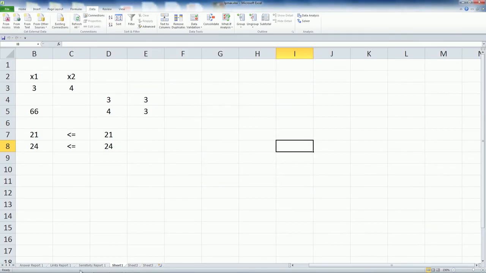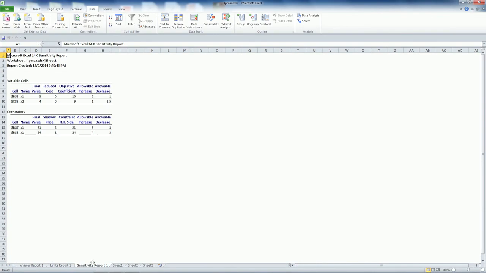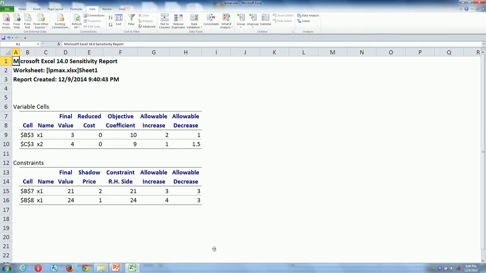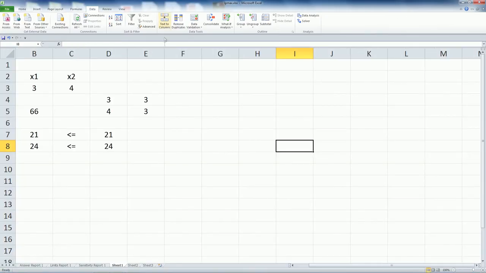The primal has a solution x1 equal to 3, x2 equal to 4 with objective equal to 66, and the shadow prices are 2 and 1. So, 2 into 21 which is 42 plus 1 into 24 which is 66. The solution to the dual can also be found through this.